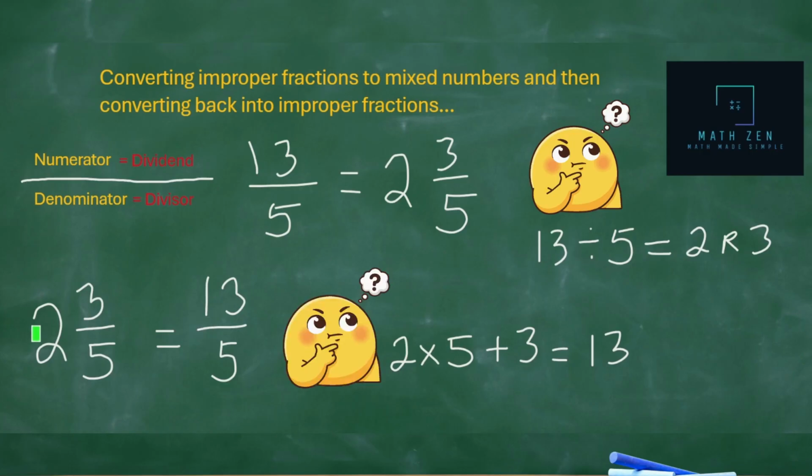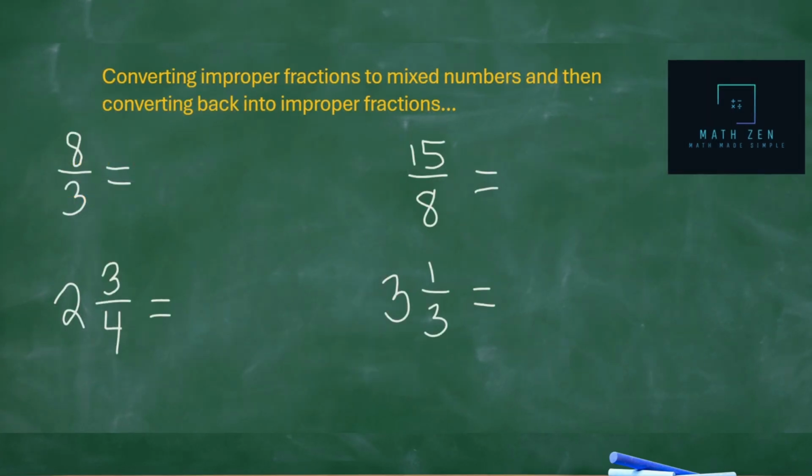Well, we need to take our whole number 2 and multiply it by our denominator of 5, and then add the numerator of 3, which gives us 13 as our new numerator. And again, just like before, the denominator stays the same.